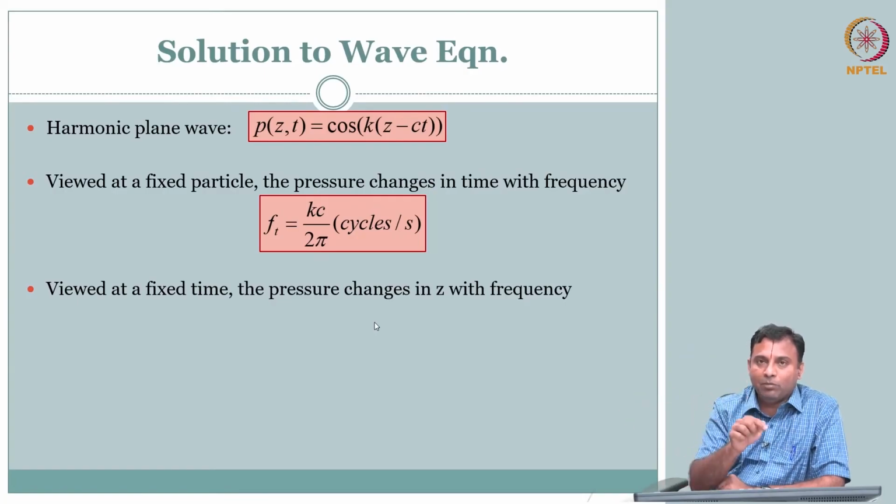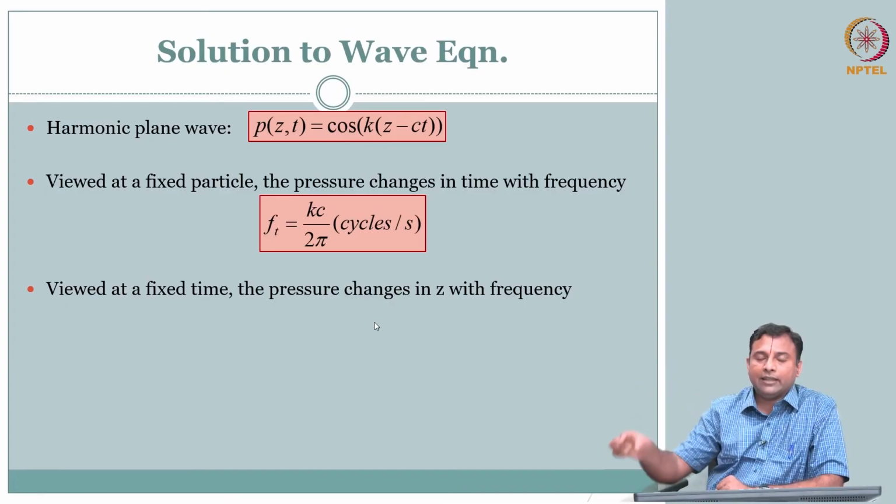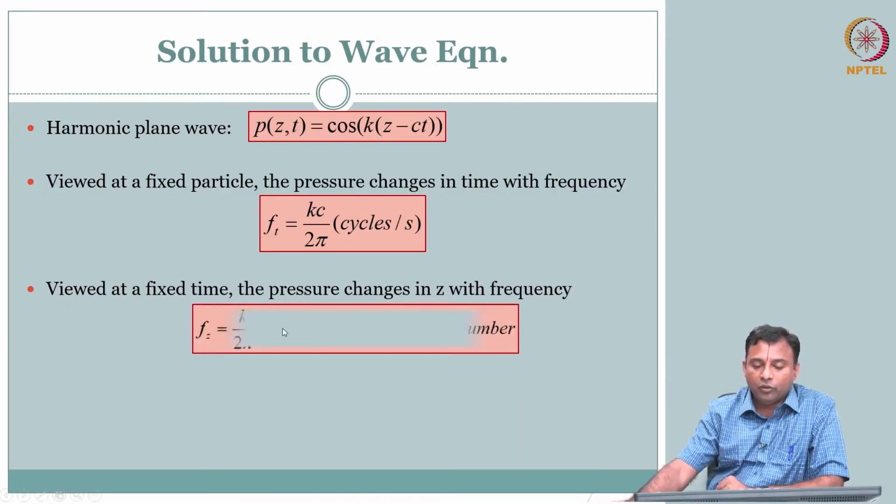When I hit the still button and froze it in time, you would see some locations with high pressure and some with low pressure, and essentially it is going to be a cyclic form. Therefore, you have what is called f suffix z, your spatial frequency. Your f suffix z comes from kz here, so it is k by 2 pi.